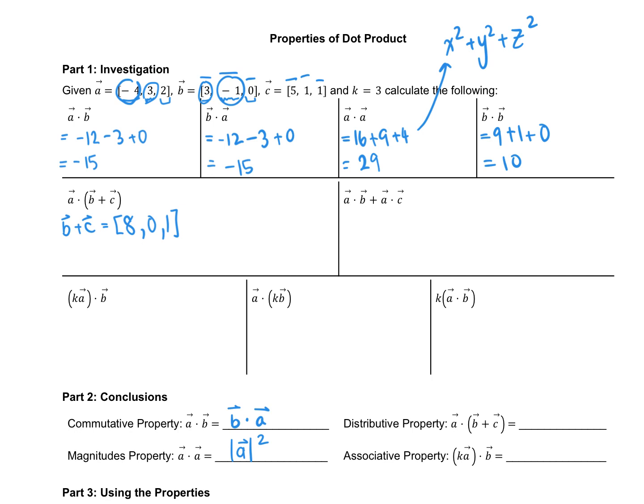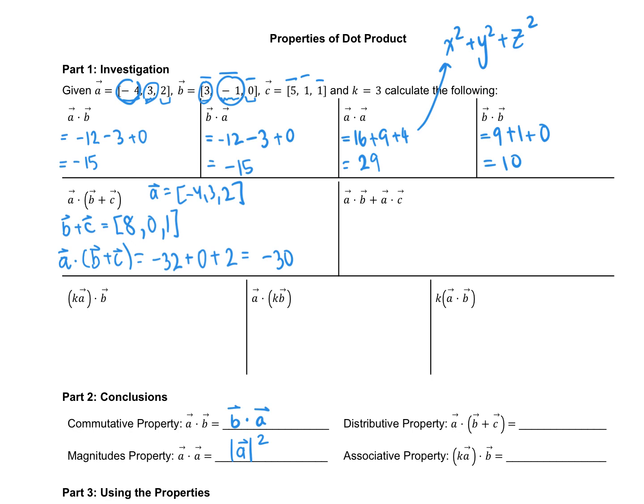And now I'm taking the dot product between vector A, which is -4, 3, and 2, with this resultant vector. So let's see. A dot (B plus C) is going to equal 8 times -4 plus 0 times 3 plus 1 times 2. So we get -30.